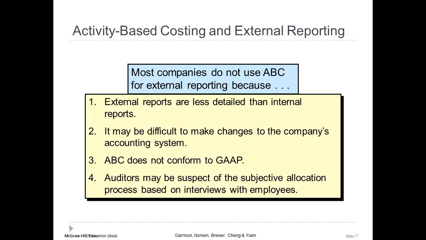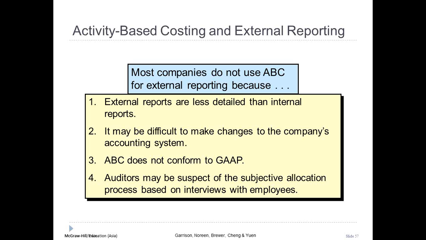Next, it is often very difficult to change a company's accounting system because it is deeply embedded with complex computer programs that have evolved over many years. Third, an ABC system, such as the one described in the chapter here, does not conform to generally accepted accounting principles, or GAAP.